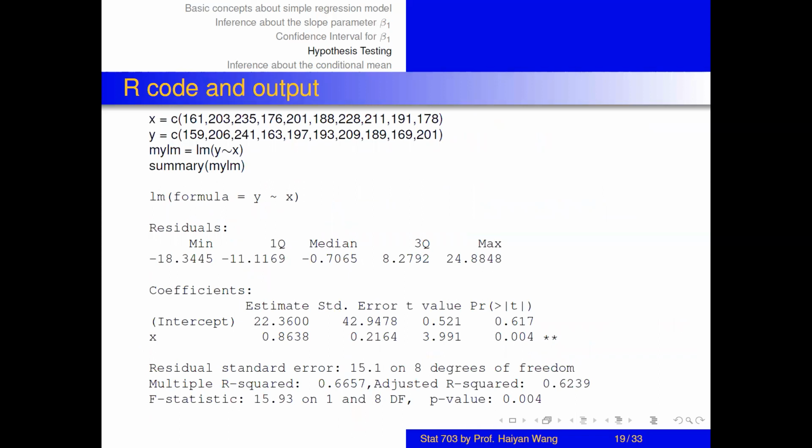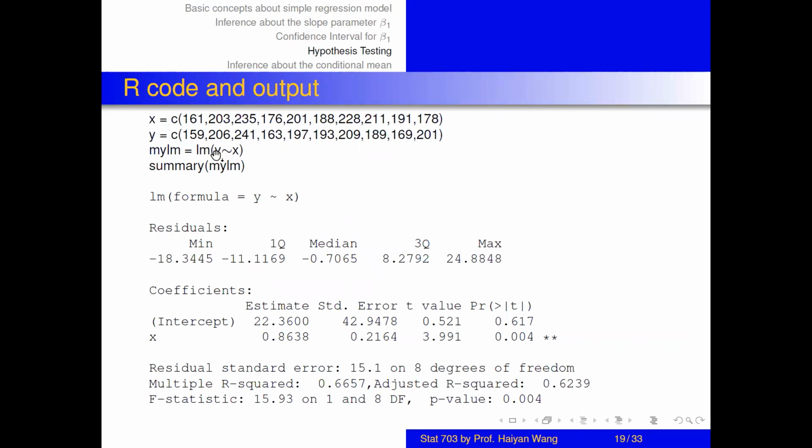The computation does not have to be done by hand. Instead, it's much more convenient to compute it in R. Here are the R code and output. We put x, the observed values for x, as a vector, and also the values of y as a vector, and then we use the lm command to carry out the model fitting.